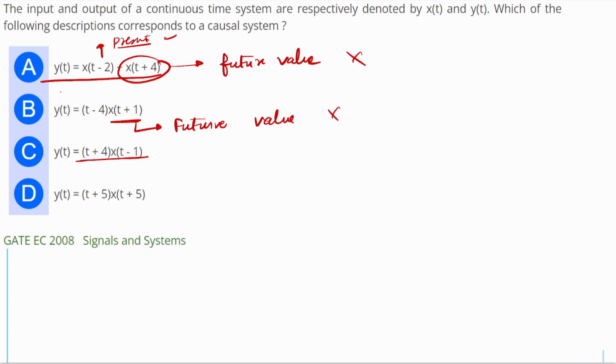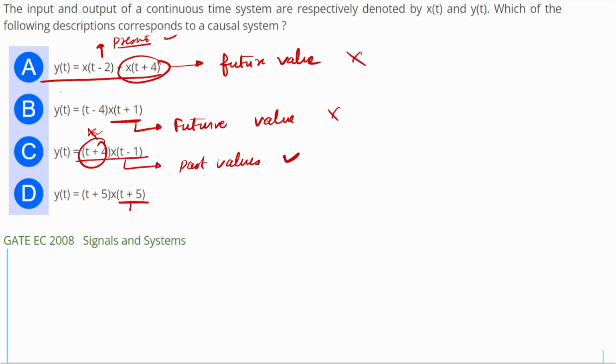Now this one, t plus 4, x of t minus 1, this t plus 4 is not a part of the input. We have to just check the input. In a causal system we have to check whether the output depends on future values of the input or not. Okay, so it is past values, and this does not matter, it is the coefficient. So it is a causal system.